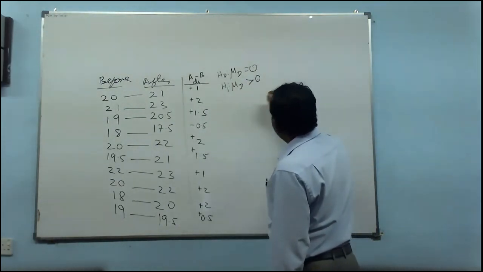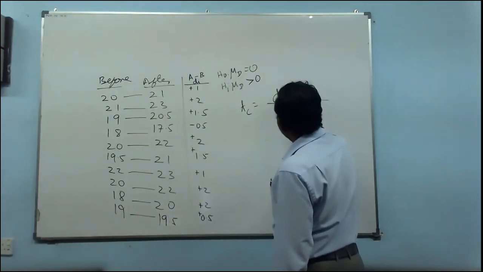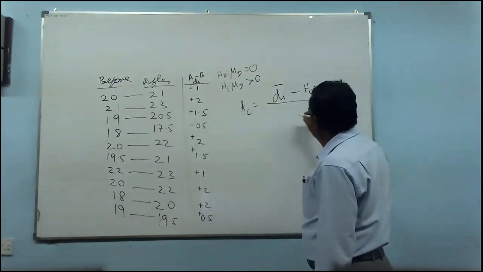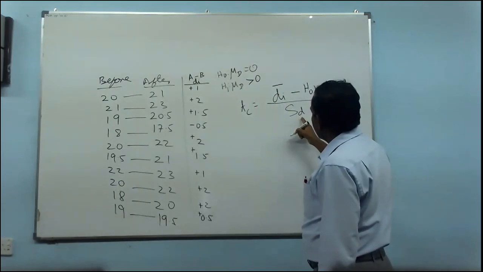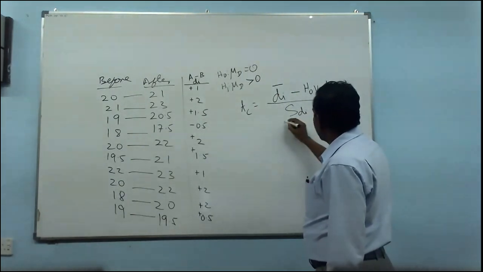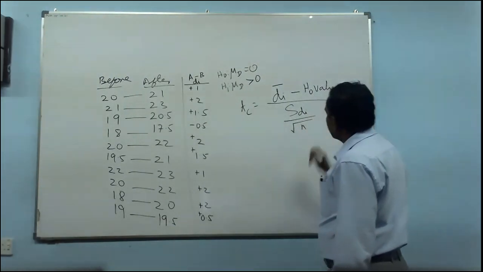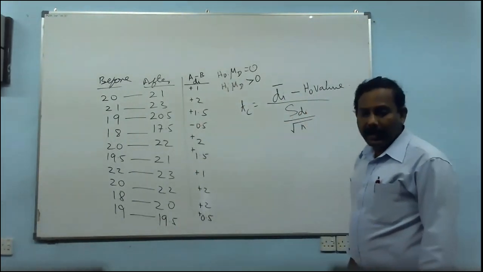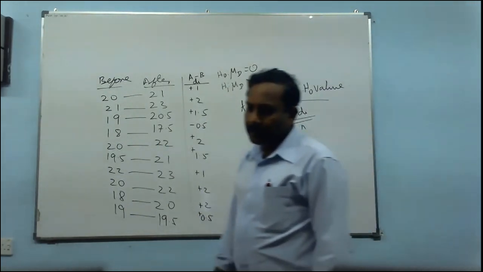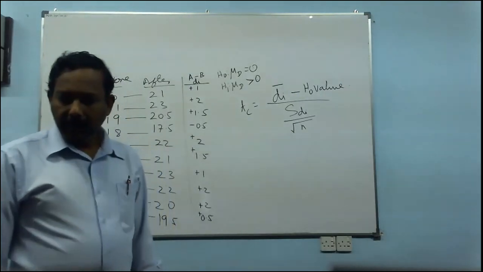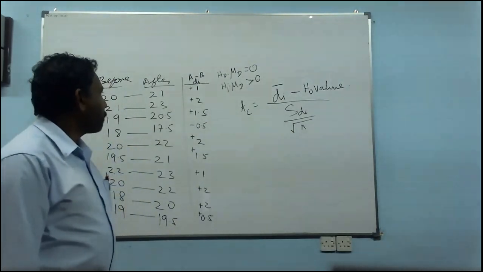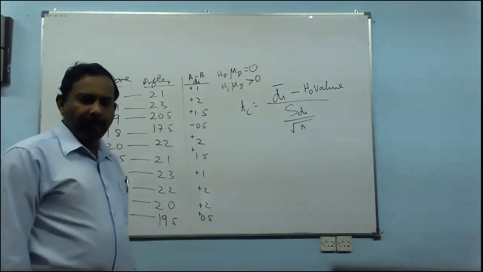Now I want to have the test statistic. The calculated value is like a one sample t-test: d bar, the mean of the differences, minus the hypothesized value, divided by s_d, the standard deviation of the differences, divided by square root of n. s_d means standard deviation of the differences. So that is simply the one sample case.